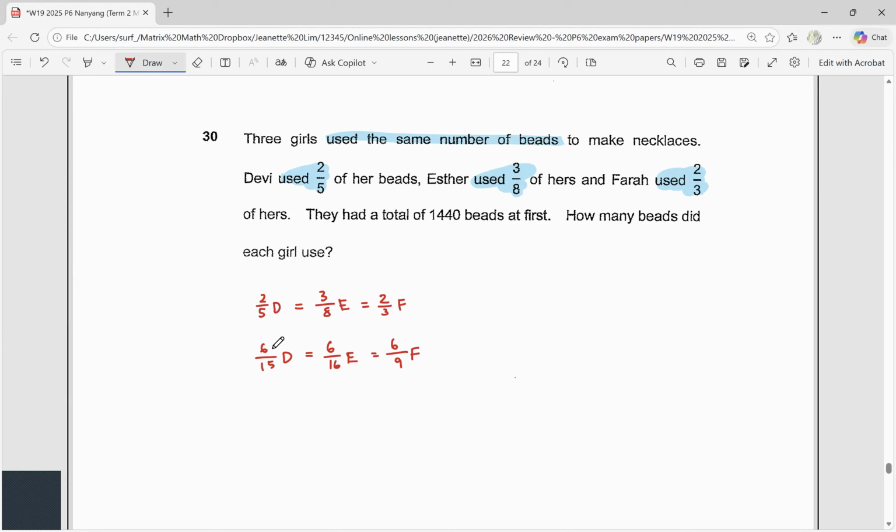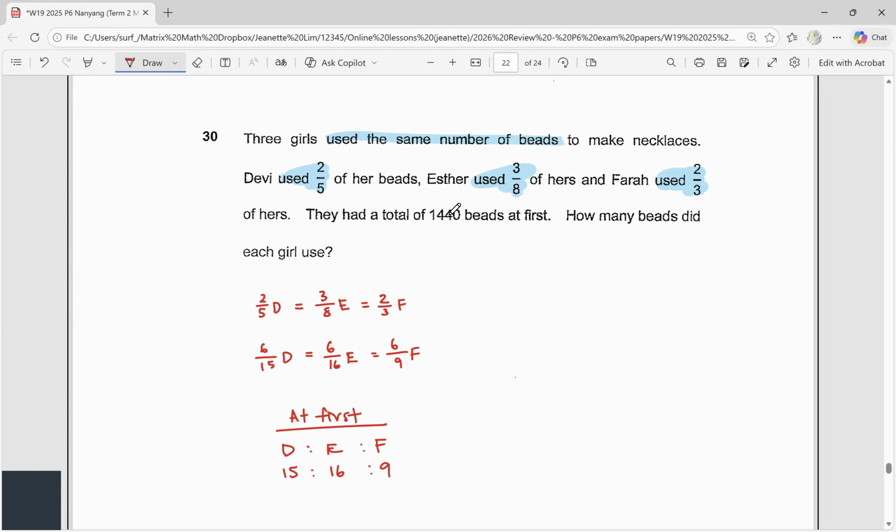What they used will be 6 units, but what they have would follow the denominator. So the total at first, I will just present it as a ratio. The total that they have at first would be 15, 16, 9, numbers from the denominator.